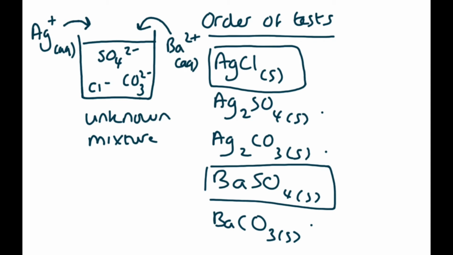So therefore the order of tests is very specific, and the experimental details that go with that as well. So the order of tests is the first thing you should do is you should test for carbonate first. And what you need to add, when I said you can add any acid, if you're testing for a mixture of ions, then you need to be very specific and add nitric acid.